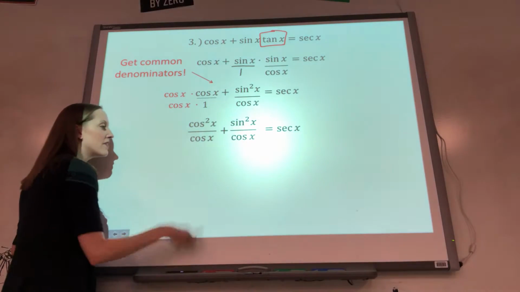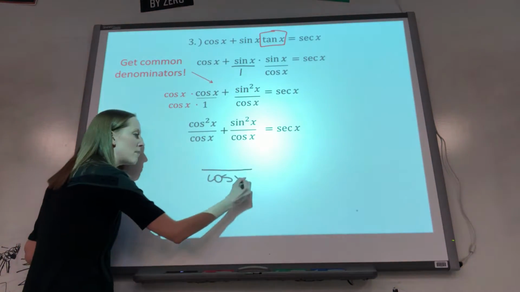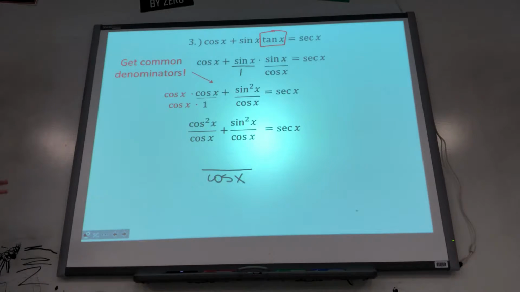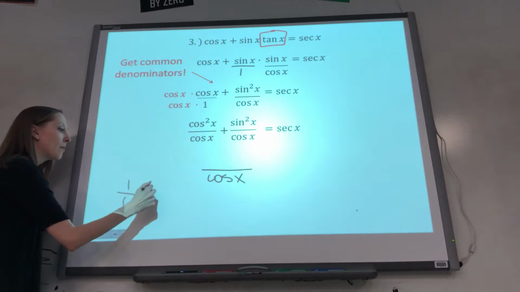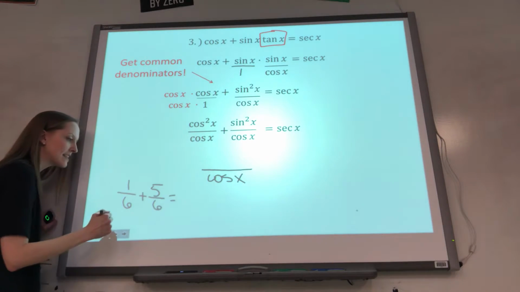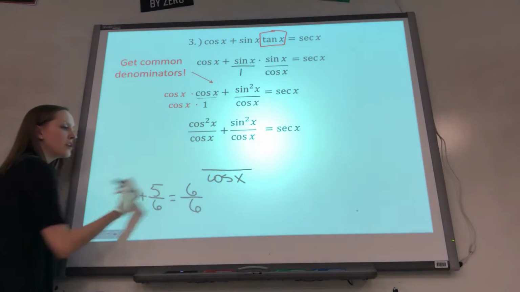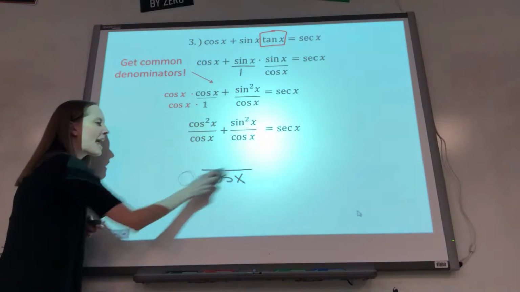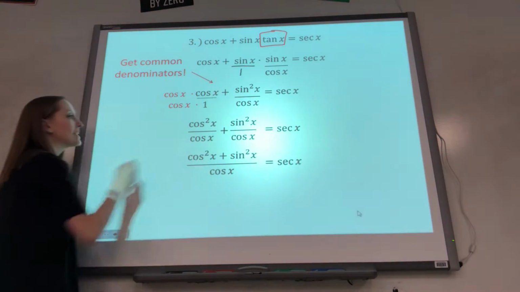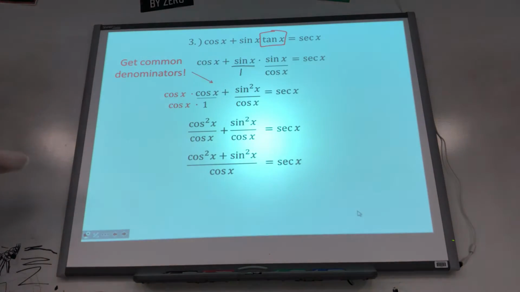Now that we have a common denominator, we can keep that denominator and add our numerators. It's like taking 1/6 plus 5/6. You would keep the denominator, add the numerators. We can't really add too much right now. We're just going to leave it as cosine squared of x plus sine squared.